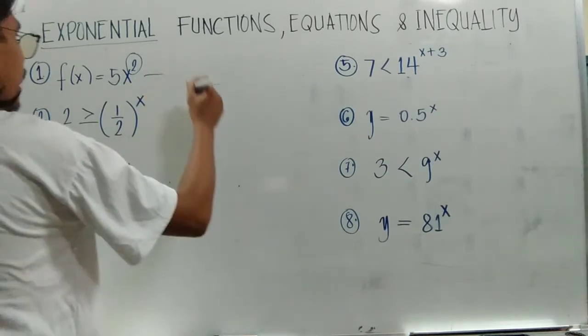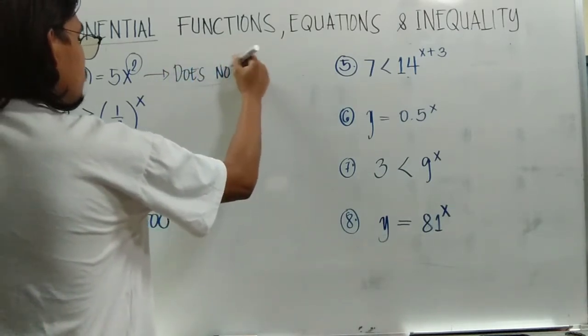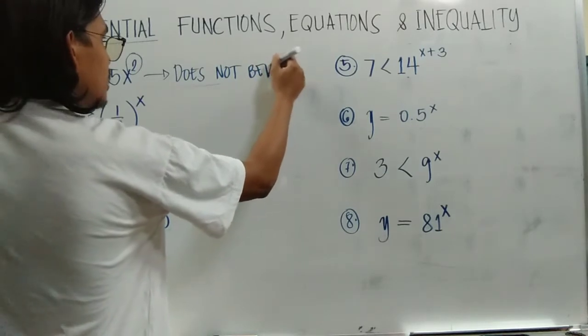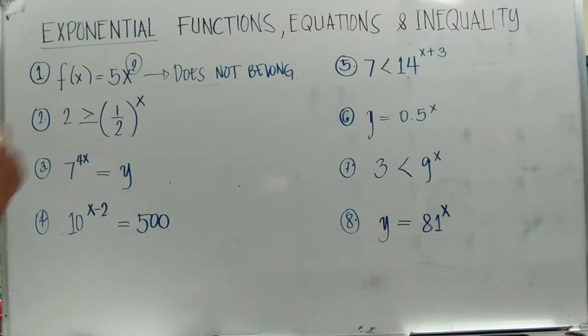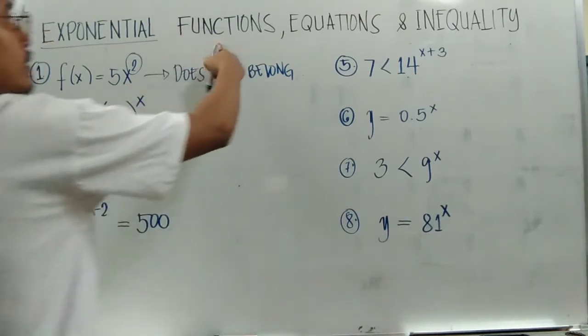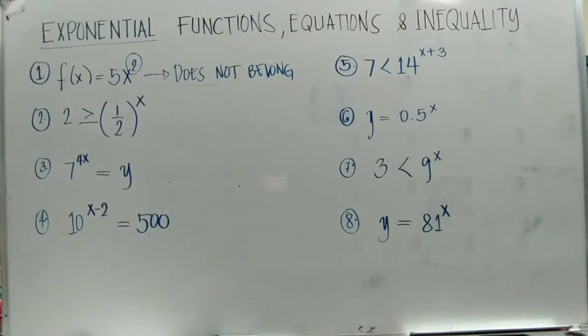So we can say that number 1, f of x equals 5x raised to 2, does not belong to an exponential function, exponential equation, or an exponential inequality. Number 1 is a quadratic function. Okay? I hope that I'm clear in the first example.